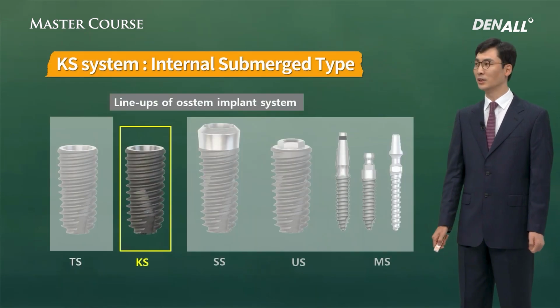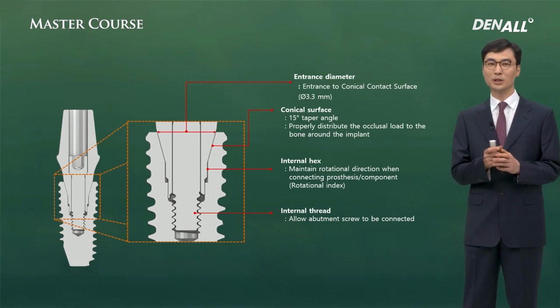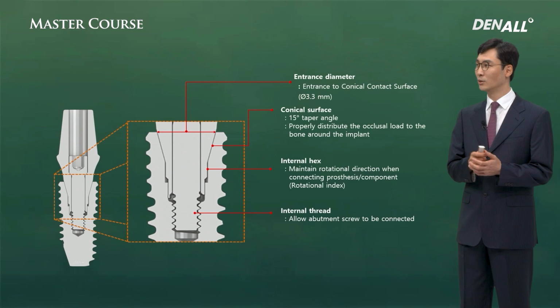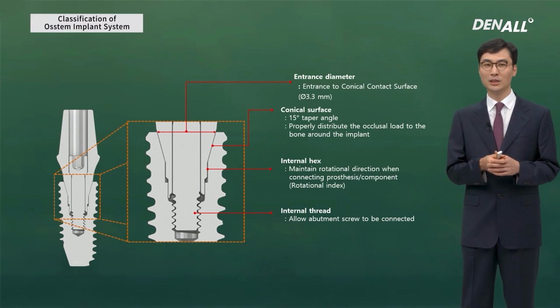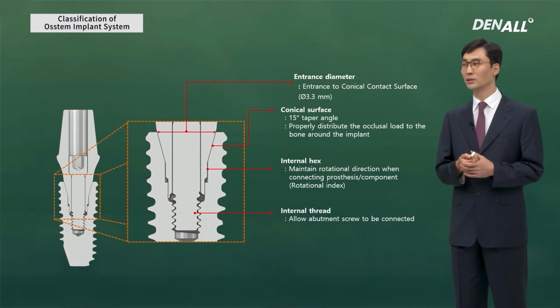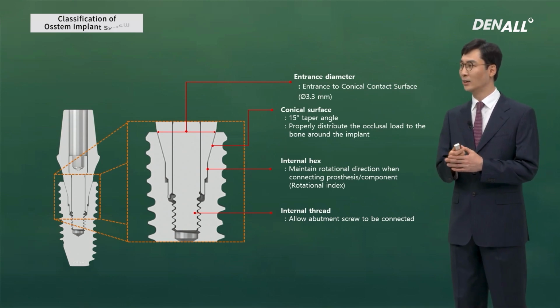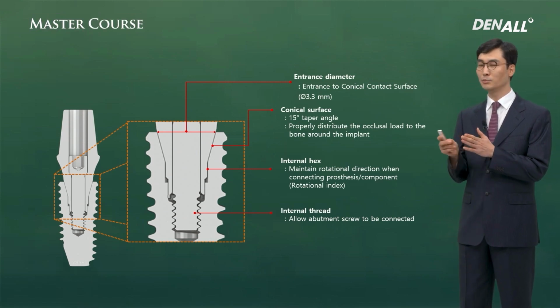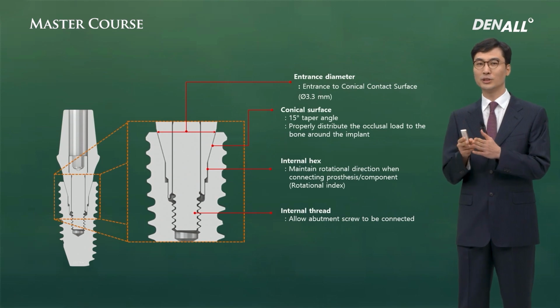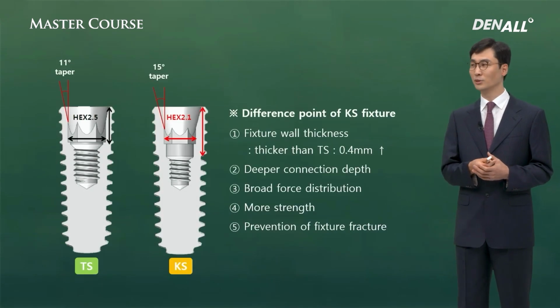KS implant, like a TS implant, is an internal submerged type. Structurally, it is changed. The side wall is thickened and the structure of the implant is very stable. It has 15-degree conical taper angle at the top, though its coronal side wall thickness is increased about 0.4 millimeters than TS.